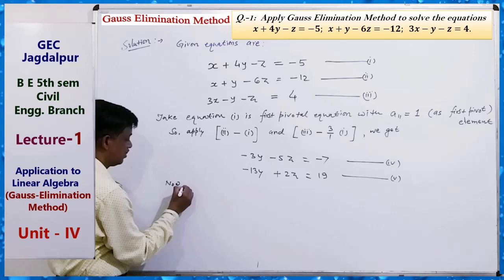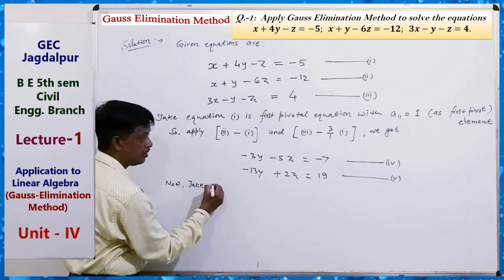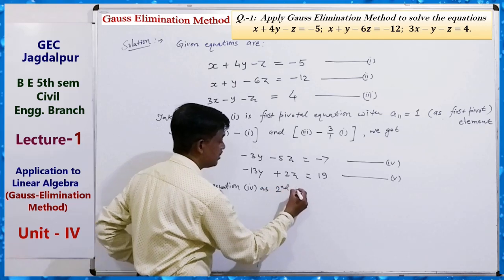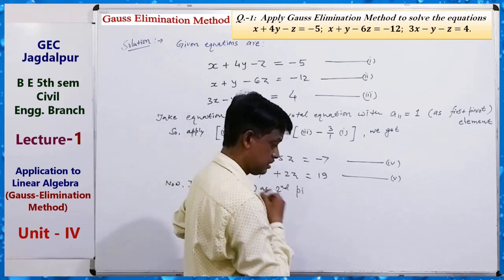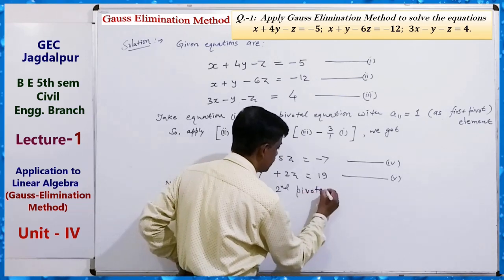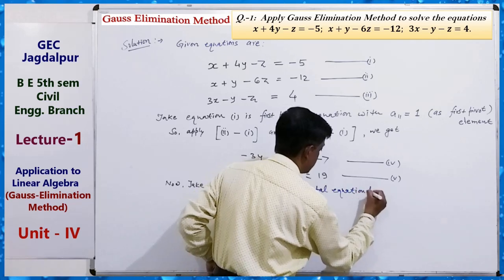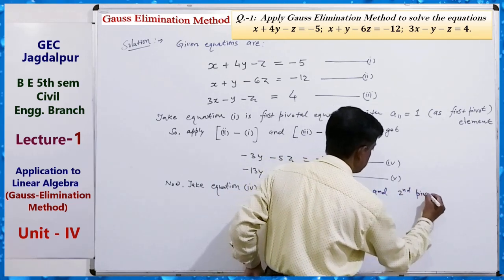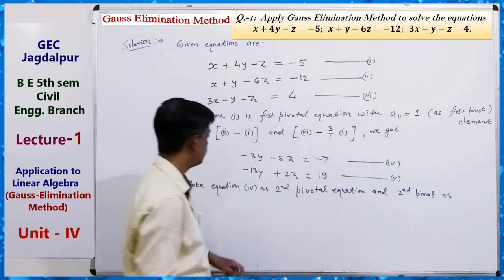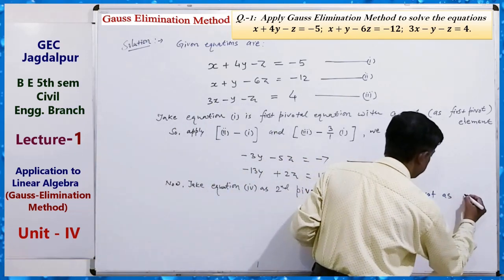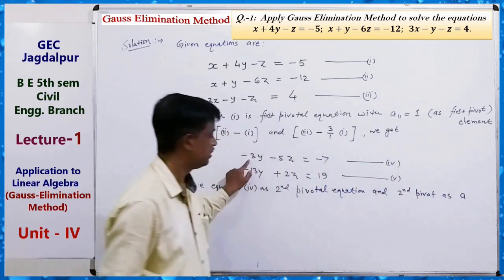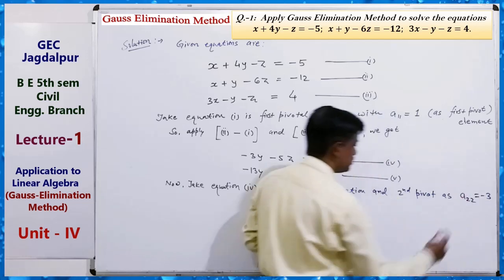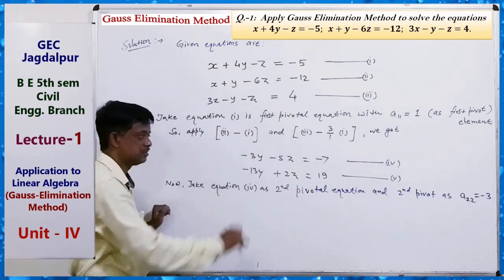Now take equation 4 as the second pivotal equation, and the second pivot is minus 3, a22 equals minus 3.